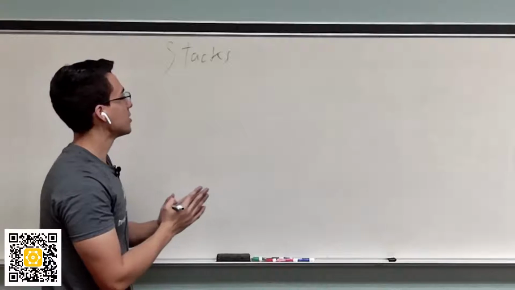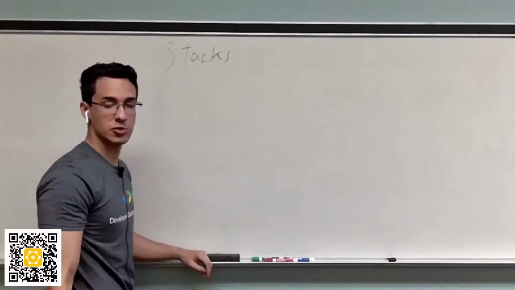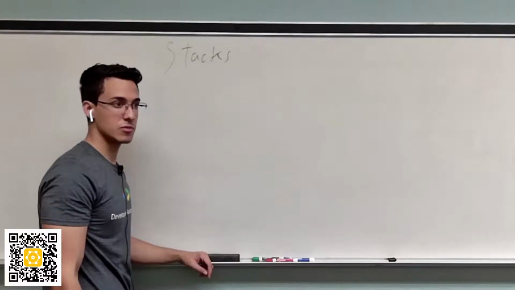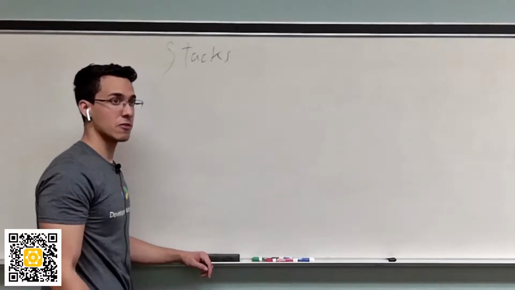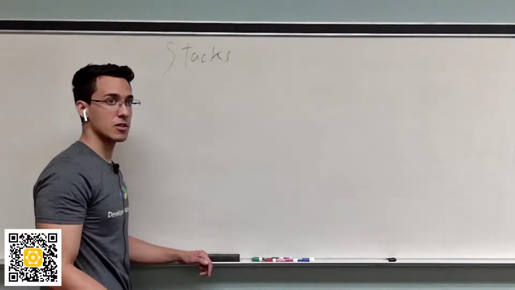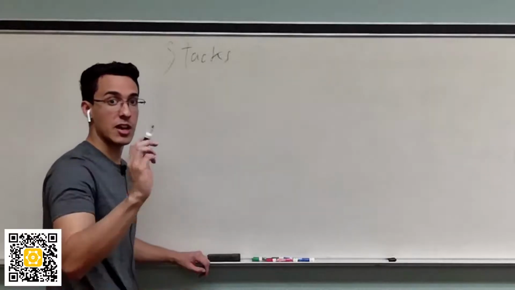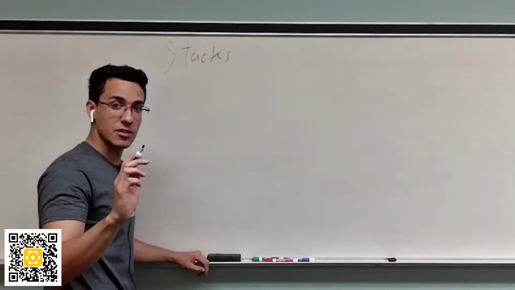Okay, a stack. So do you know what a stack is as opposed to an array? The first goes in and the last goes out? First in, last out? No, first in is in the front and last out is the one in the back.